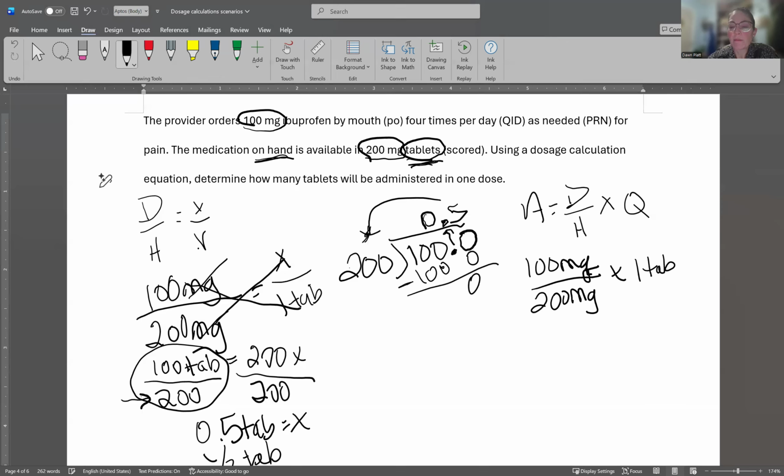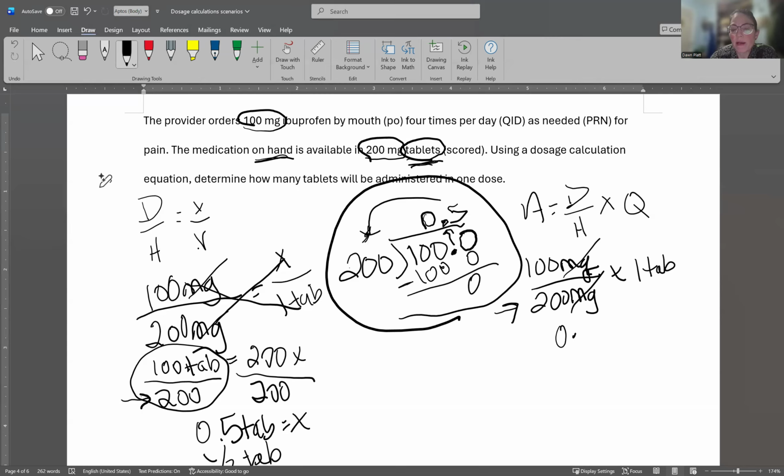Get rid of your milligrams, and then multiply 200 into 100, which you have to put in that decimal point and add that 0 so that way you can do it. And this is 0.5 times 1 tab, or 0.5 tabs, or a half a tab.